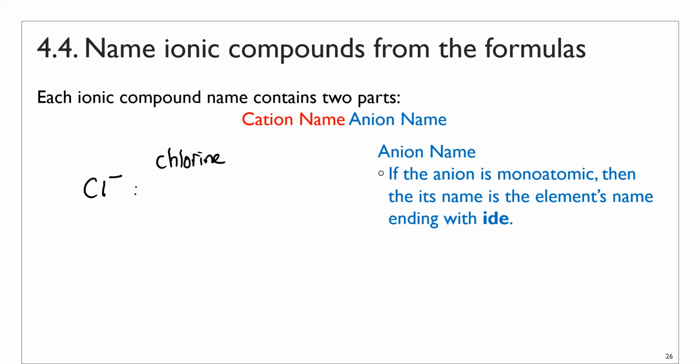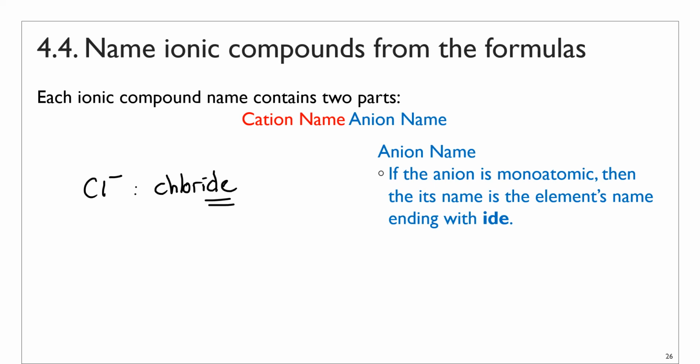This is the name of the element. So when you name the ion, you have to change the ending to IDE. So it becomes chloride, which is why the name of NaCl is sodium chloride and not sodium chlorine. So chlorine is the name of the element, but chloride, ending with IDE, is the name of the ion.